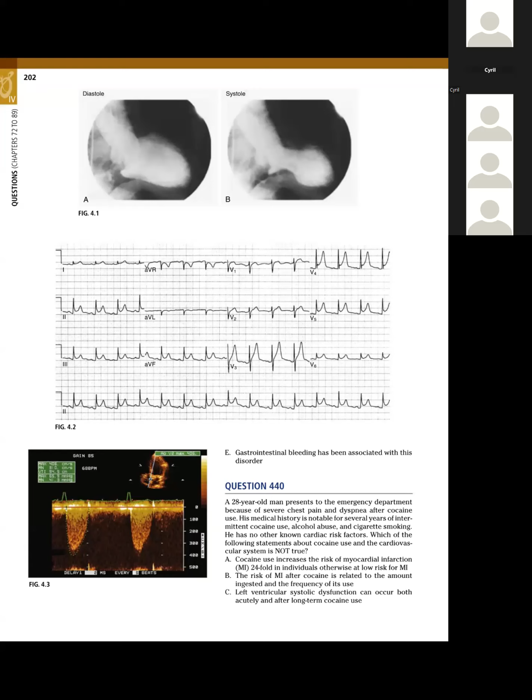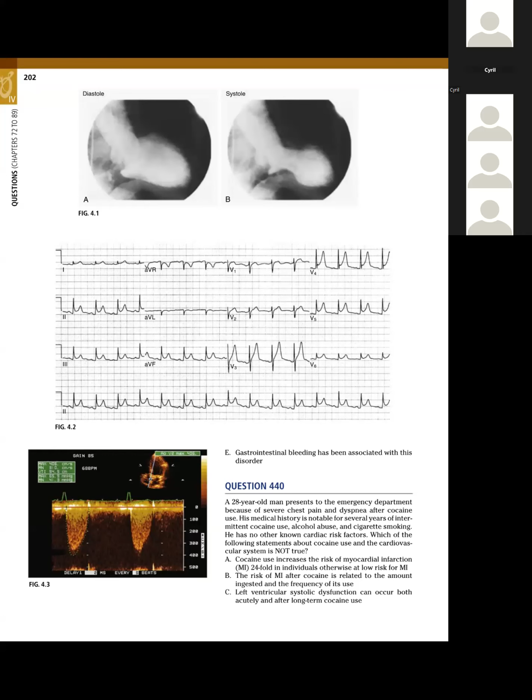Sorry, let me just also add here. If you look at the pressure tracing across the aortic valve, there's two things we should always pay attention to in the grading or classification of aortic stenosis. Always look at the AV max and the pressure gradient.